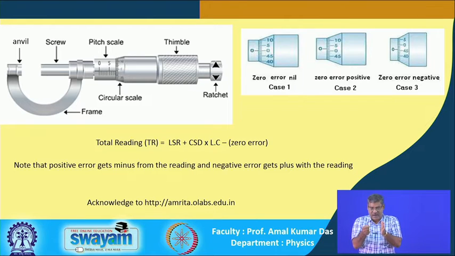In the vernier scale, in slide calipers also, we said that if the zero of the vernier scale could not reach the zero, then it is a positive error. If it crosses it, then it is a negative error.